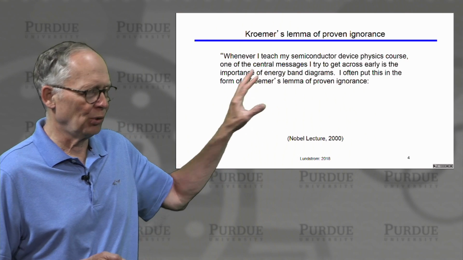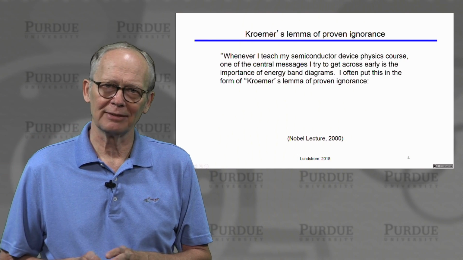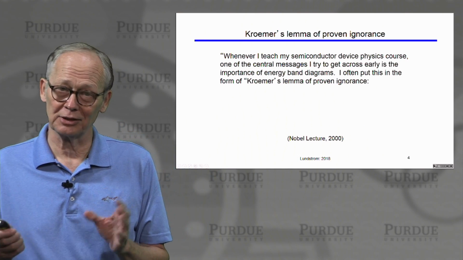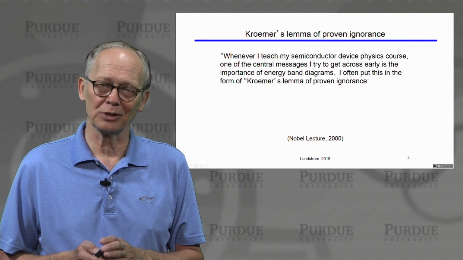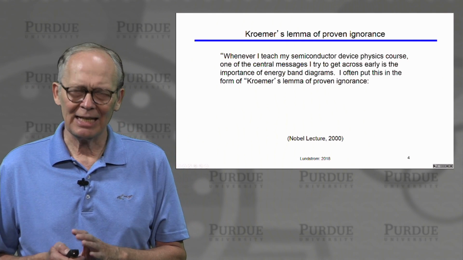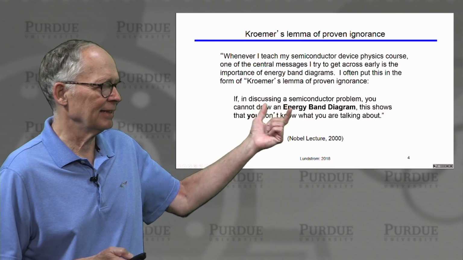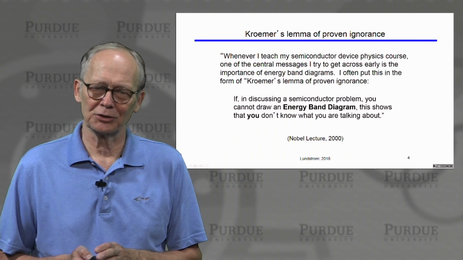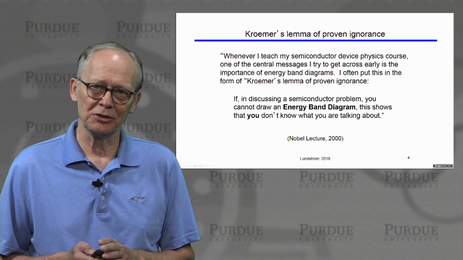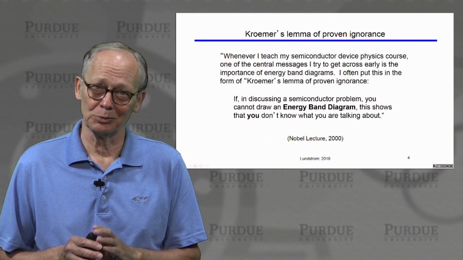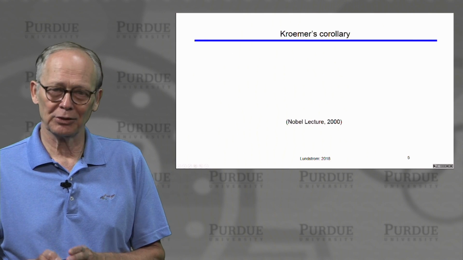And just to make that point, I'll quote Herbert Kroemer, a very famous semiconductor physicist who actually won the Nobel Prize for his work in semiconductors. He makes this point when he teaches semiconductors to his students. He says that if you're discussing a semiconductor problem, and you can't draw the energy band diagram, it really means you don't know what you're talking about. Now, he also has a corollary.